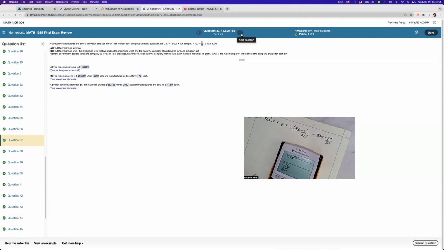Okay, Y equals 300X minus X squared divided by 20. Graph. We're gonna need a lot more space on this one. Okay, X, I'm gonna go 5,000, and my Y max, I'm gonna go 500,000 on this one.